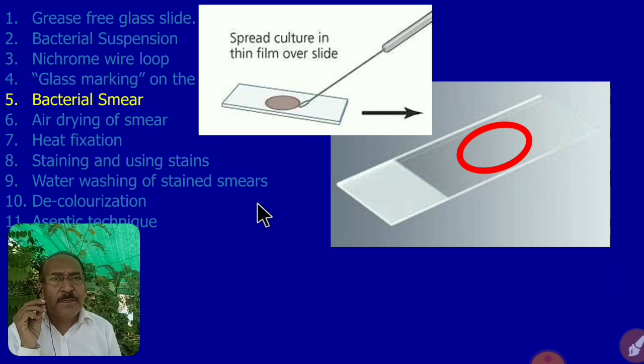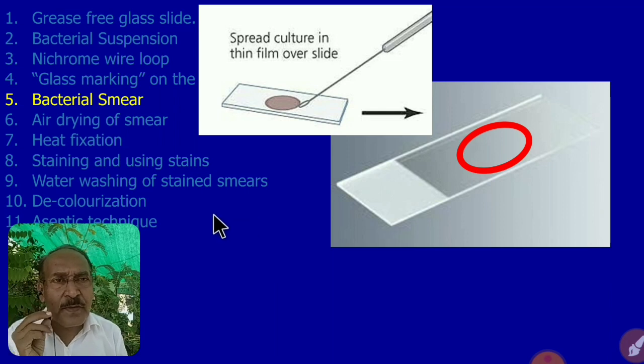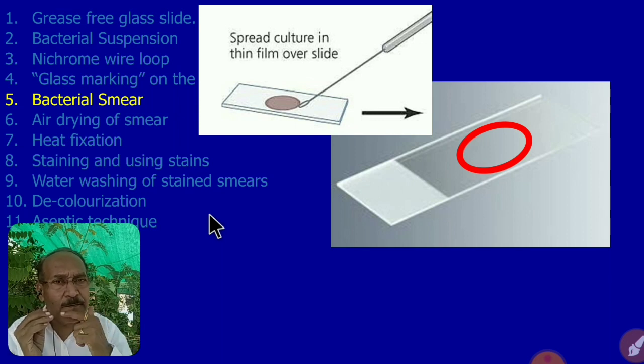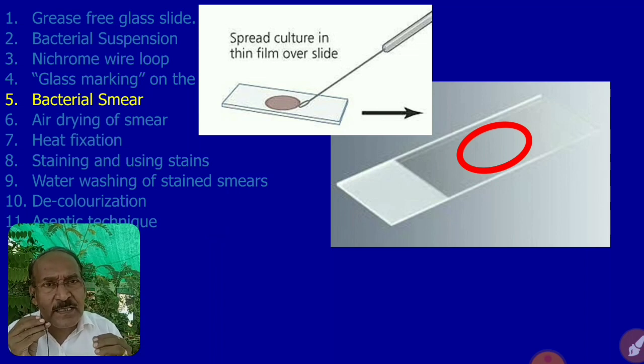Then is preparation of bacterial smear. What is a smear? It is spreading of bacterial suspension in a thin film on the glass slide. Actually, when we use oil immersion objectives in a microscope, the lenses have very less focal length and very sharp focusing is required.